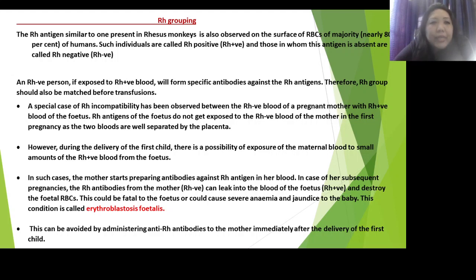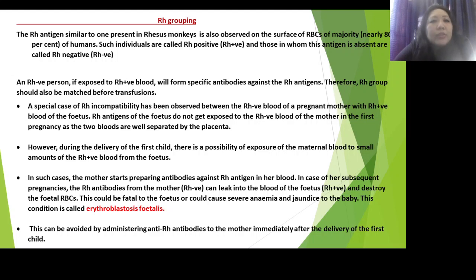A special case of Rh incompatibility has been observed between the Rh negative blood of a pregnant mother and the Rh positive blood of the fetus. The Rh antigen of the fetus does not get exposed to the Rh negative mother in the first pregnancy, as the two bodies are well separated by placenta.